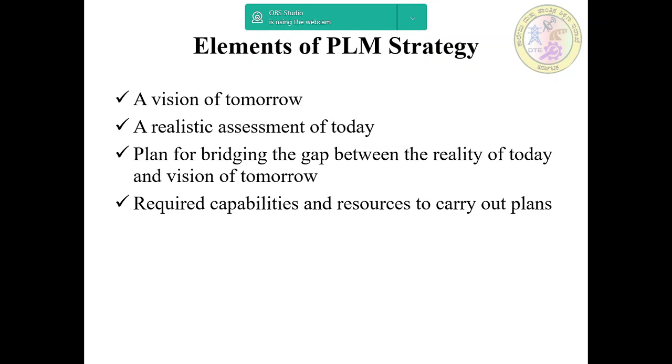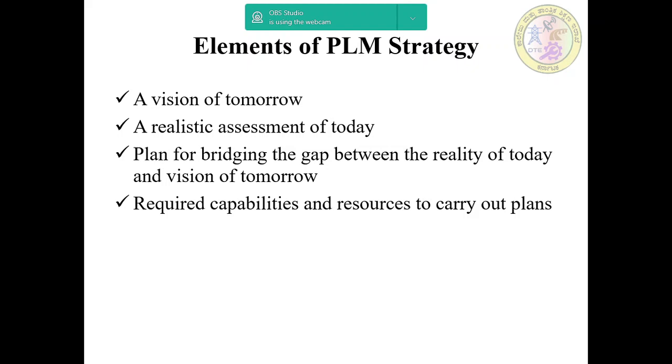These are the three elements. All these three elements have to come together in a coordinated plan for an organization to get from where it is today to where its vision is for tomorrow. That is the main thing. All of these elements are required if the organization is to make this transition. If any one of the elements is not addressed, the entire plan suffers.